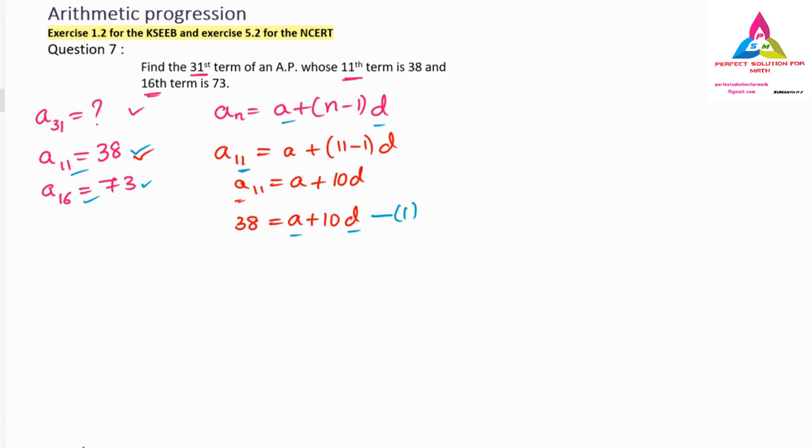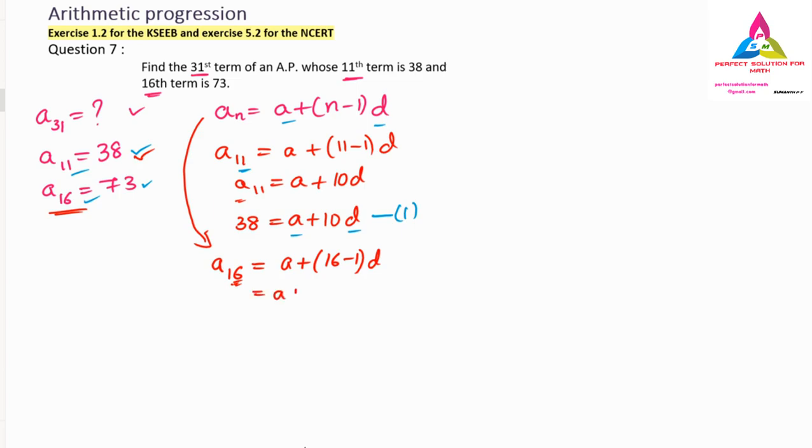Now similar thing we will do for one more term. Which term is it? That is A16. See here, A16 also known. So A16 we will substitute now. A16 is equals to, directly you can say that here we have 16, so it is a plus 15d. If you don't know that, apply the same formula, that is a plus n value, now what it is? 16. So 16 minus 1 into d.